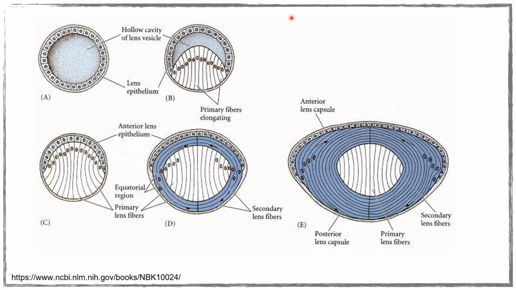So, during its development into lens, the lens placode will round up and contact the overlying ectoderm. So the lens vesicle induces the ectoderm to form the transparent cornea.